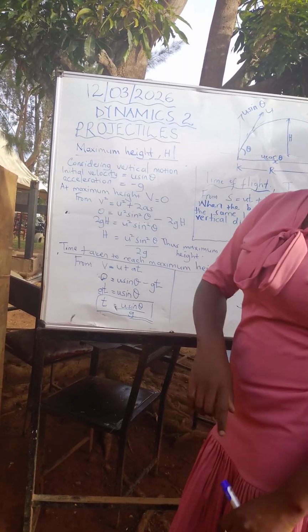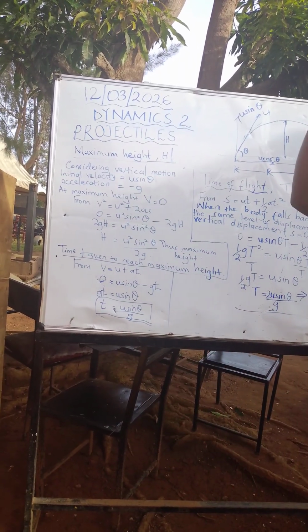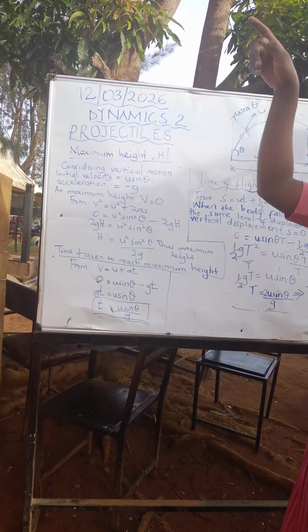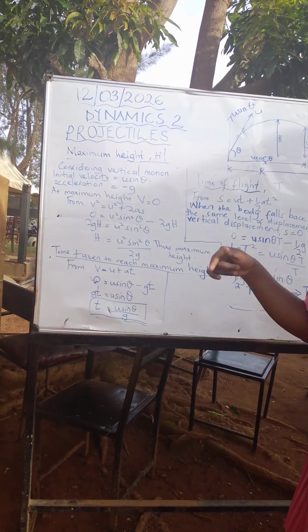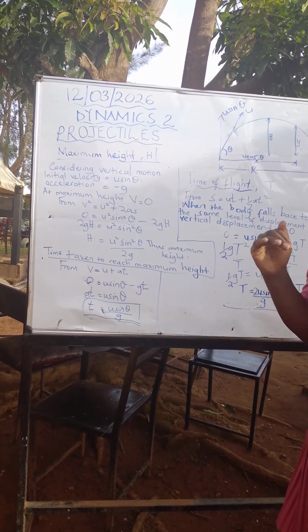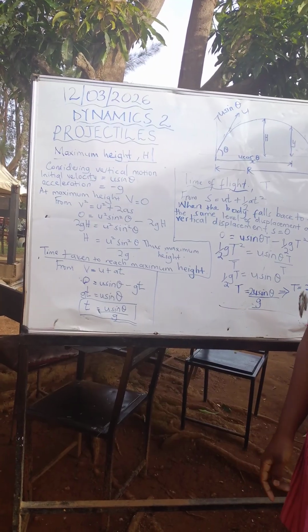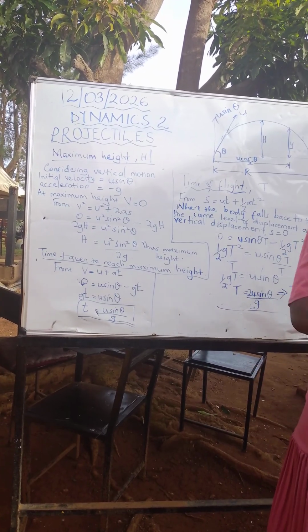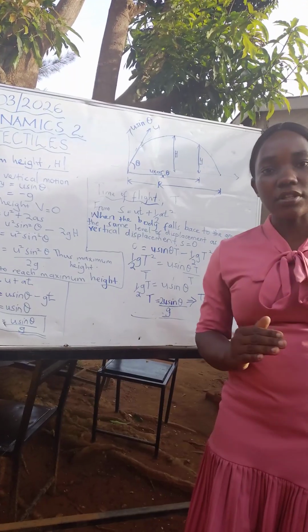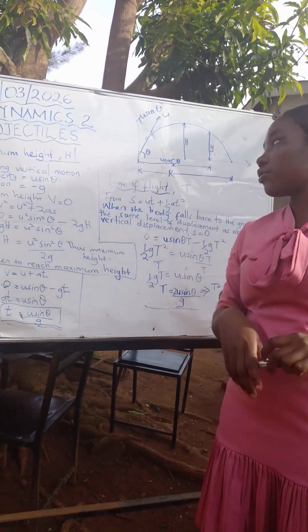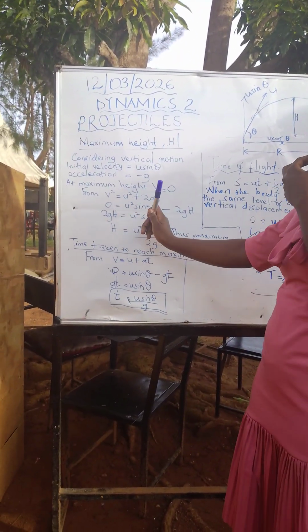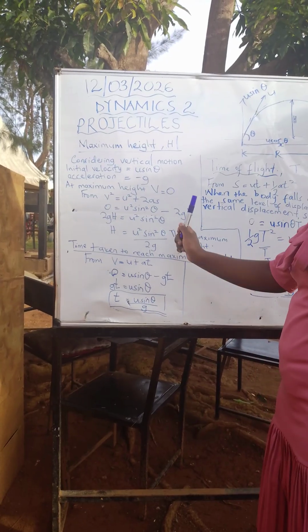Wherever something is thrown in space, when it reaches its maximum, as it is changing direction to come back, it first rests, then it changes direction. Even if you are moving at a corner, as you reach the corner, you rest a bit and then change direction. That's why at maximum height, the final velocity v is 0.